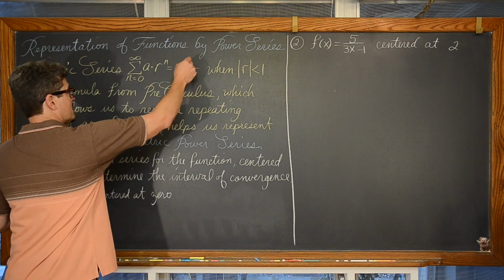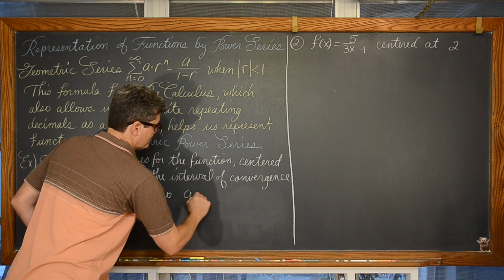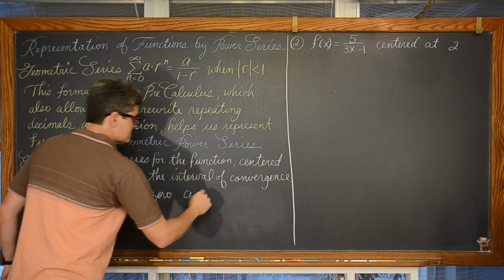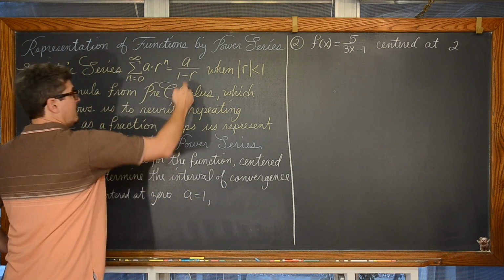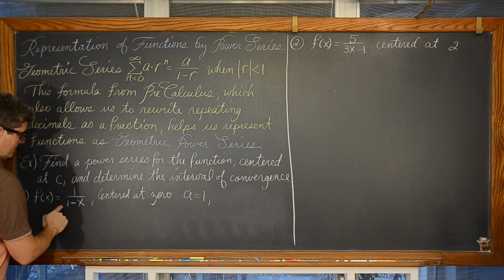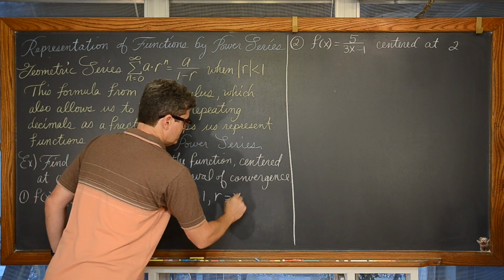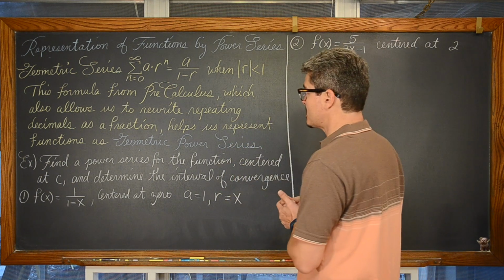We have some constant a, so we're going to identify our first term in this geometric series as equal to 1. And for 1 minus r, we already have 1 minus x, so our r value is going to be equal to x. Cool, so this is about as easy as it's going to get.